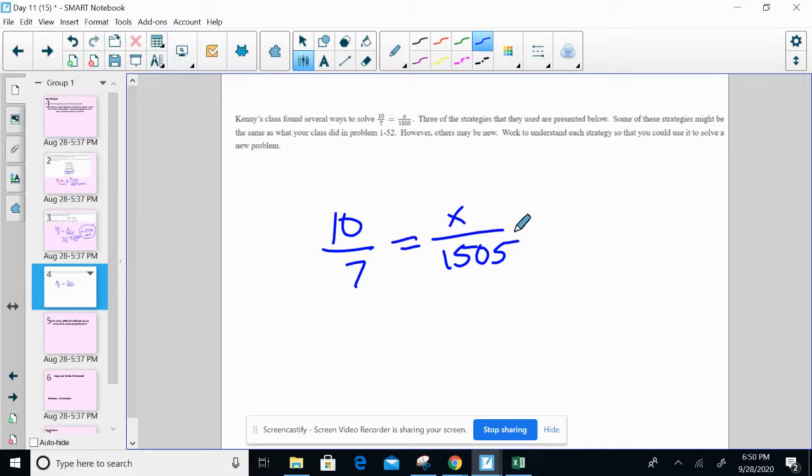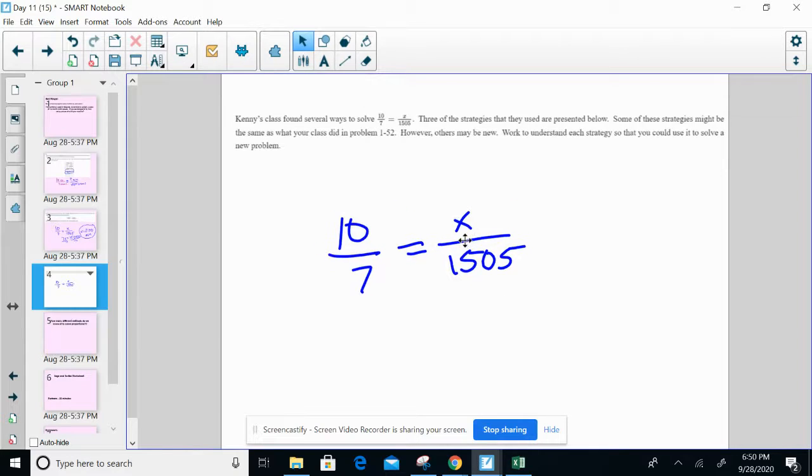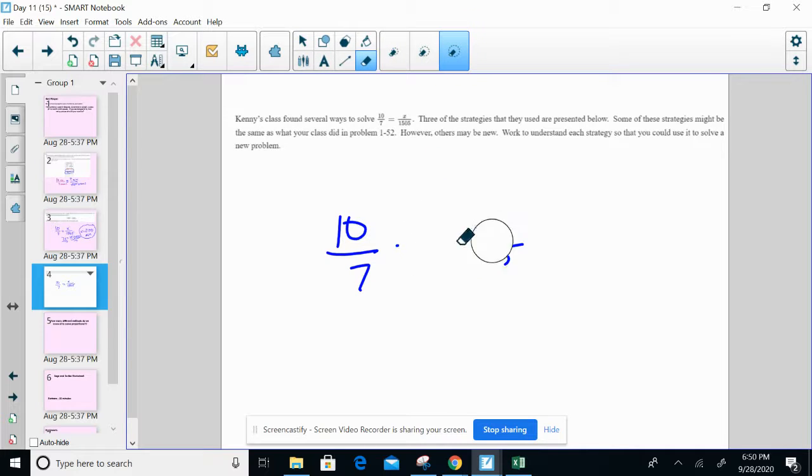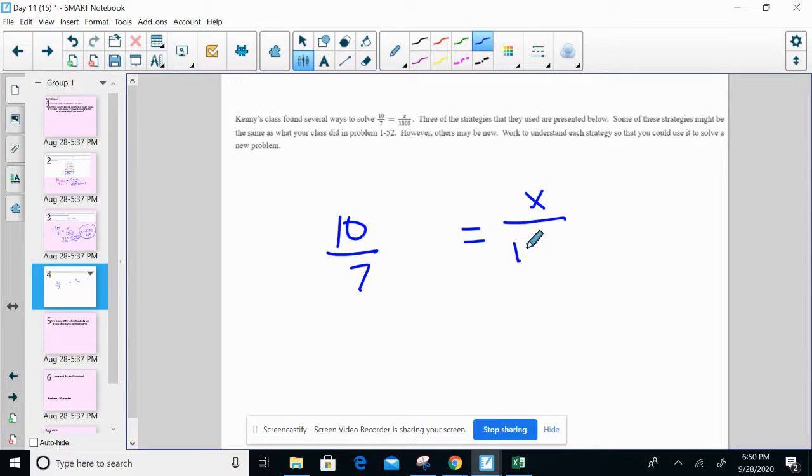All right, one method is called the big one, and I was under the impression last year when I taught this that you guys know what that is. Think about it: if these fractions are equal, that means you can bump this smaller one up to the big one in some way.